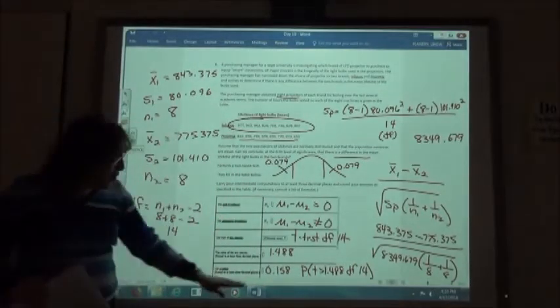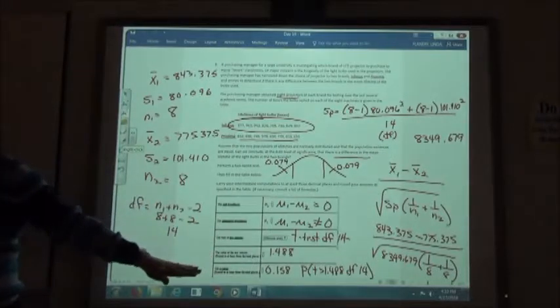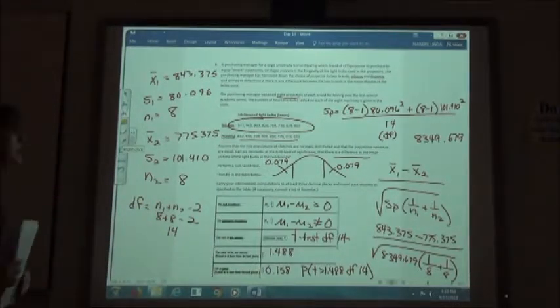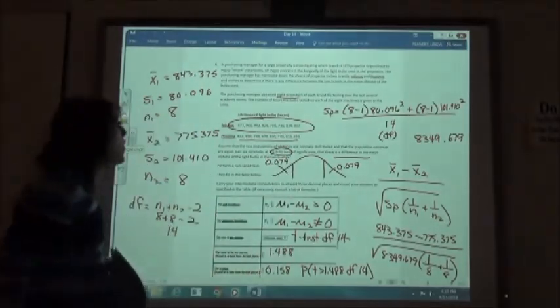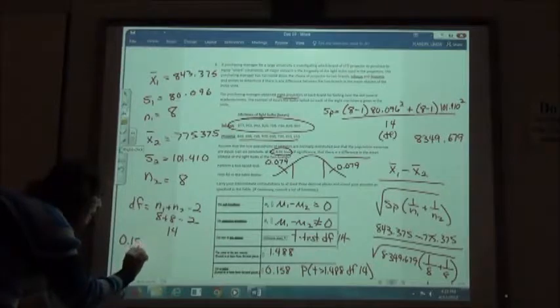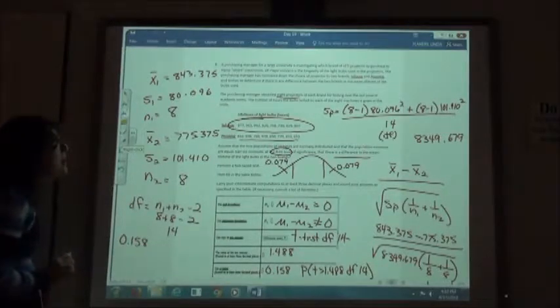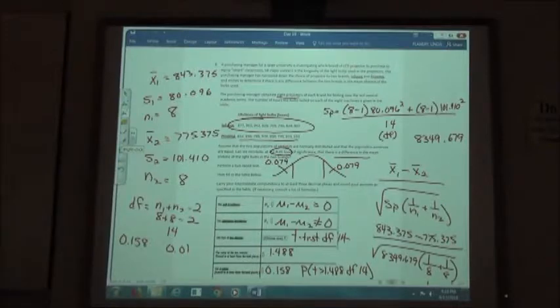So that means we have a 15.8% confidence that we have the thing correct. We want to test it at a 0.01 level. So 0.158. Is that greater than or less than 0.01? It is greater than.